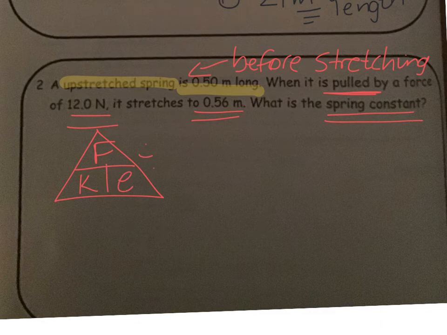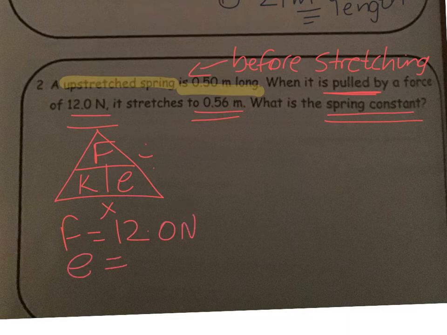In this case, it's Hooke's law. Hooke's law is force equals constant times extension. And put down the facts that you know. So the force is equal to 12 and the extension is what?